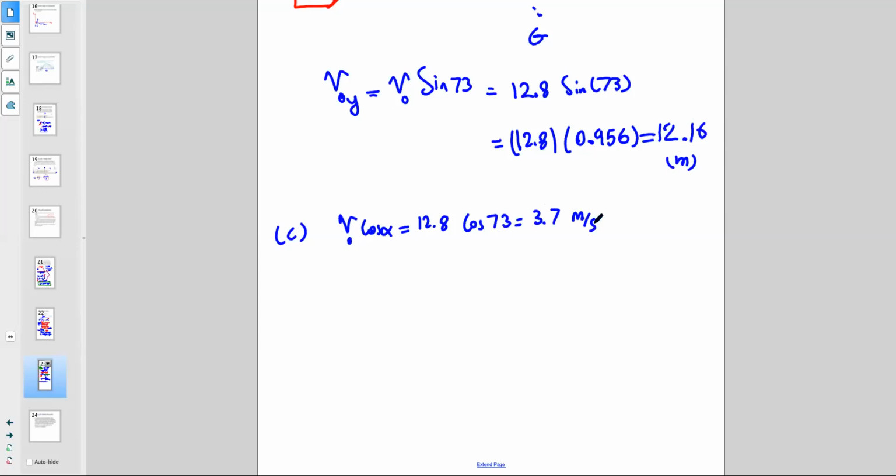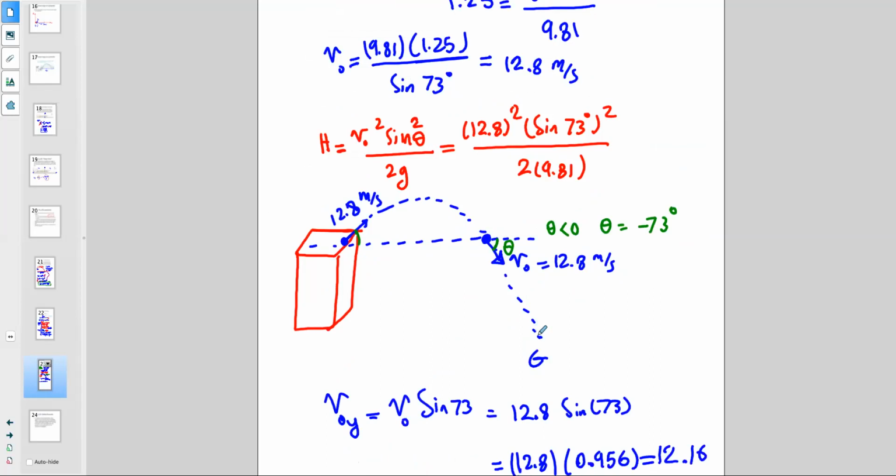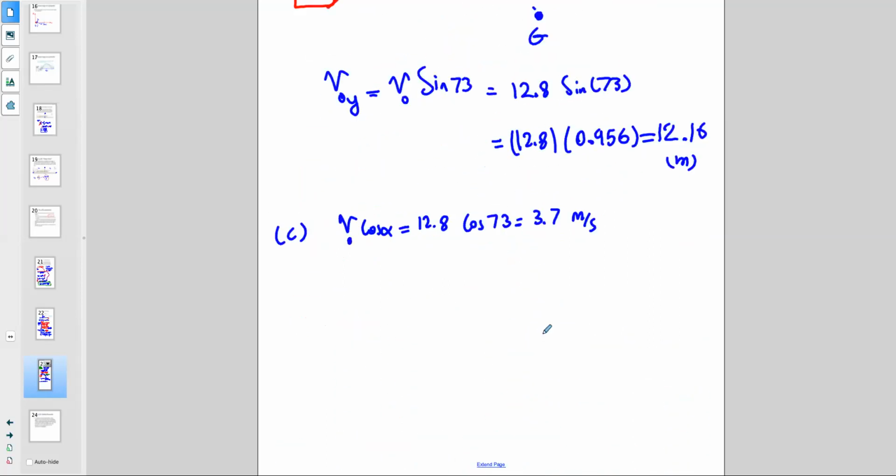In the x direction, we have a constant speed no matter what, right? So now we also have the time for it. It's taking 6.13 seconds to hit the ground. So I can just write a formula for x being vt, constant velocity.